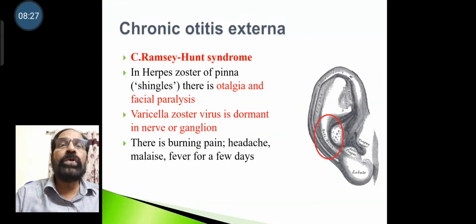In herpes zoster of pinna, that is shingles, there is otalgia and facial paralysis. The varicella zoster virus is dormant in the nerve or ganglion of facial nerve. There is burning pain, headache, malaise, and fever for a few days.